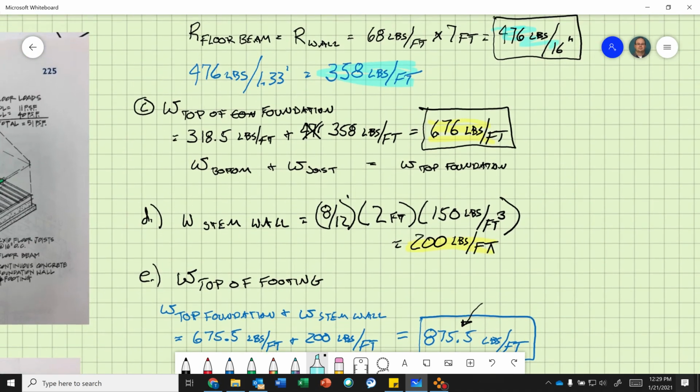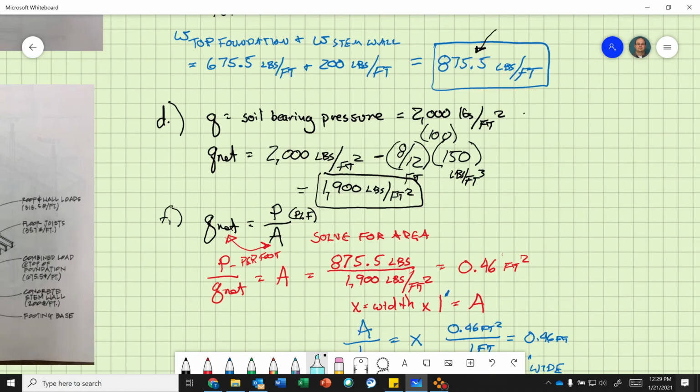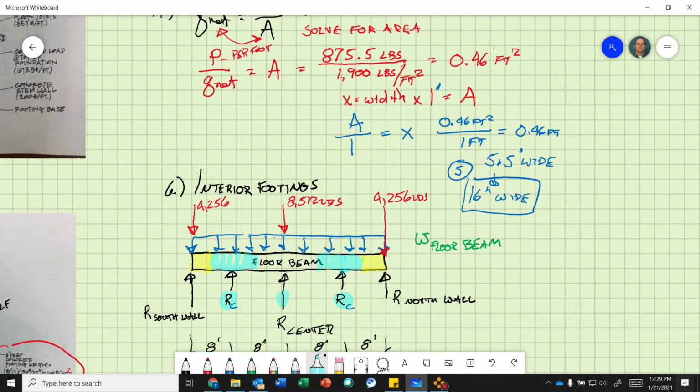So 358 pounds per foot times 2, because there are 2 floor joists on that floor beam. 358 times 2 is 716 pounds per foot.